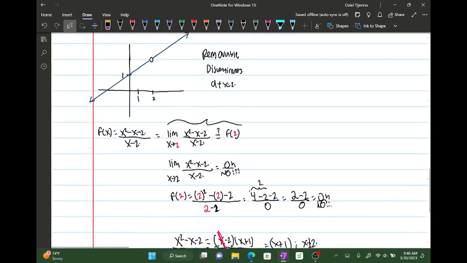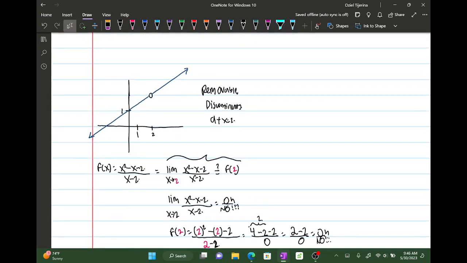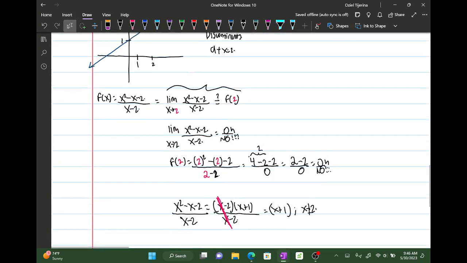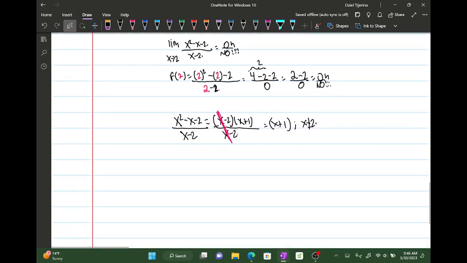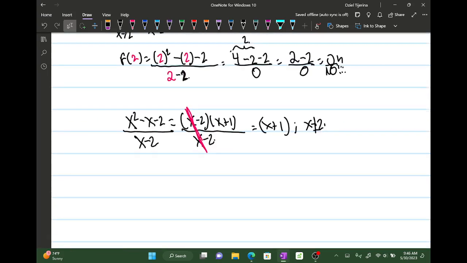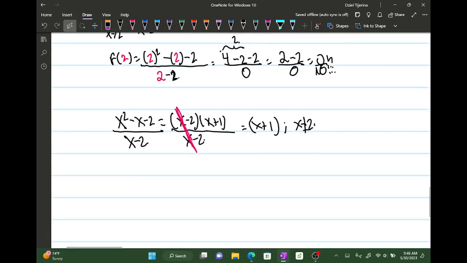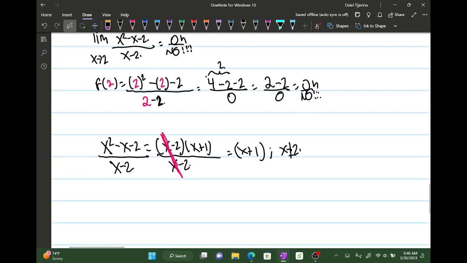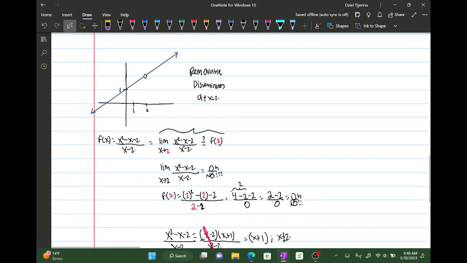So basically, wherever there's a vertical asymptote and it really does cancel out, then there is a removable discontinuity at that denominator, whatever denominator cancels out. So that's the idea of removable discontinuity.